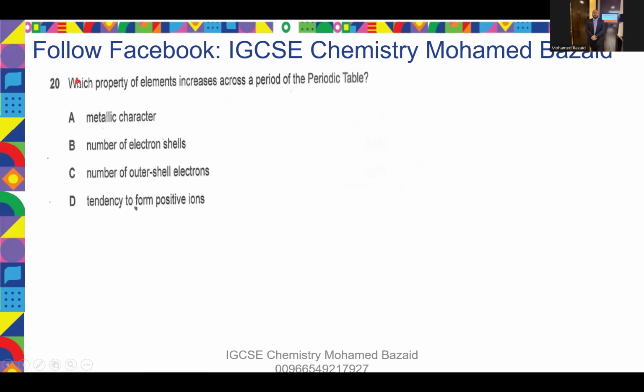Question 20, which property of elements increases across a period of the periodic table? Across the period, the number of outer shell electrons increases. Because if you move in group number 1, in the outer shell you have 1 electron.